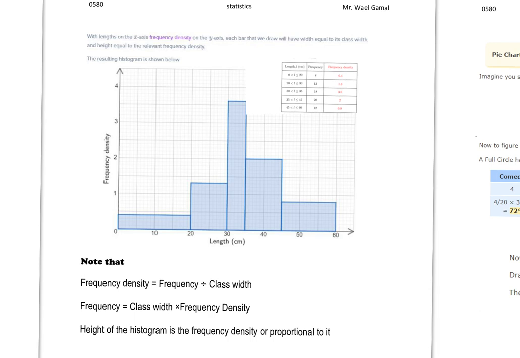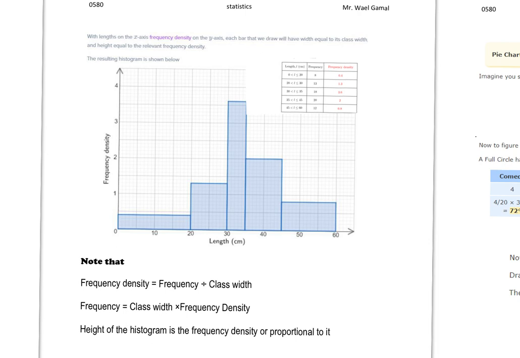And also in some questions, you will find a histogram where the vertical axis is not the frequency density but the height. In this case, this means that they found the frequency density and then multiplied it by a factor, by any number, by 2, by 3, by 4, or divided the frequency density by 2 or by 6 or by 4.